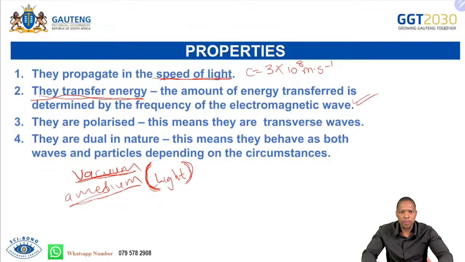Okay, this is what makes some of these waves dangerous to be around. You don't want to be exposed to gamma rays. When I'm teaching, I always make examples of movies. In the Marvel movies, they always say Hulk was exposed to gamma rays.